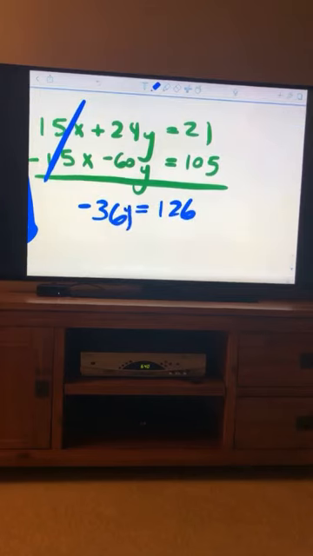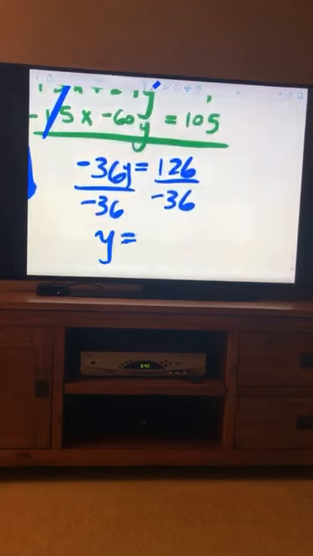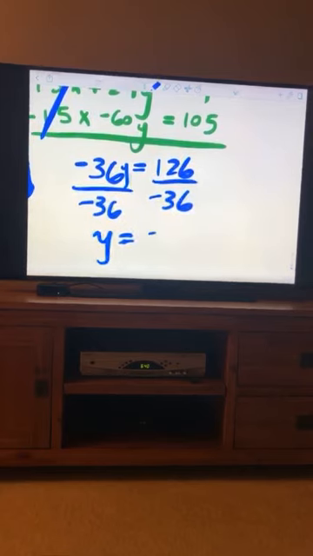And that's y. Don't panic, it doesn't seem like it goes in evenly, but this should work out pretty good, I think. We divide by the coefficient of negative 36, and I think we get negative 3.5. 126 divided by negative 36, negative 3.5 works.